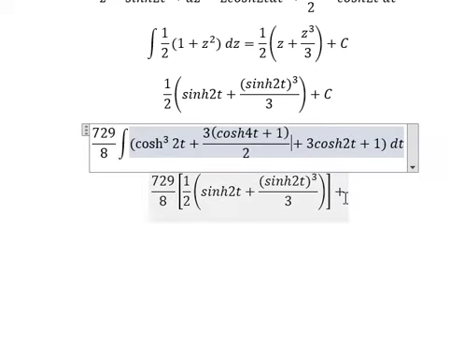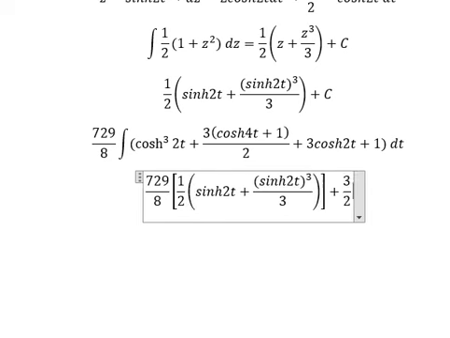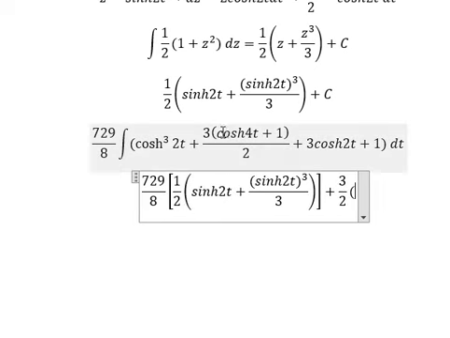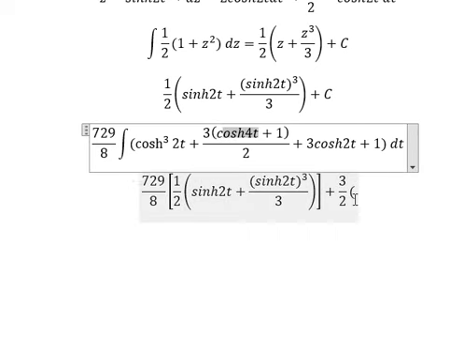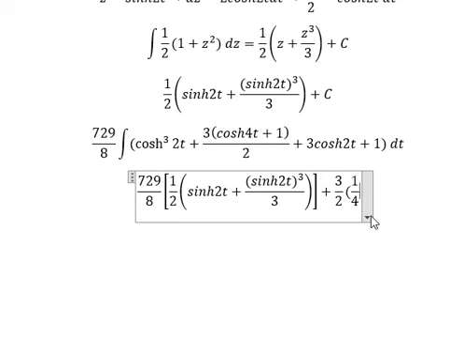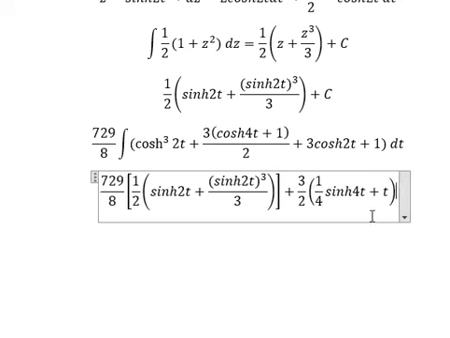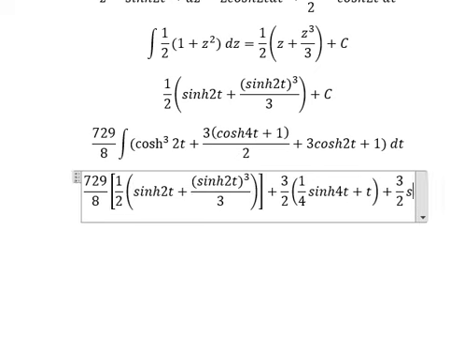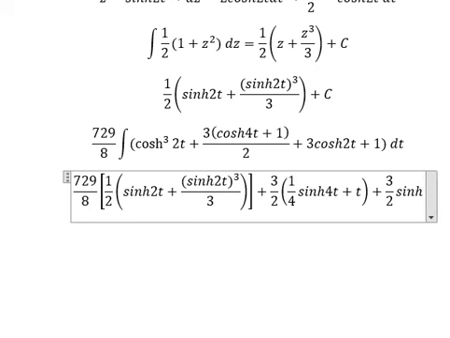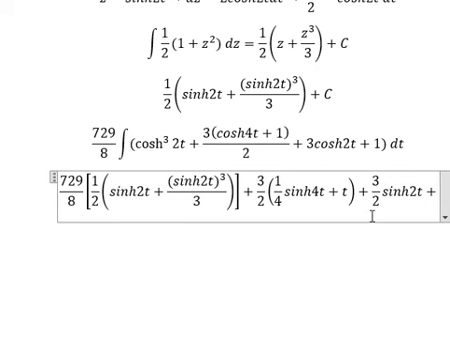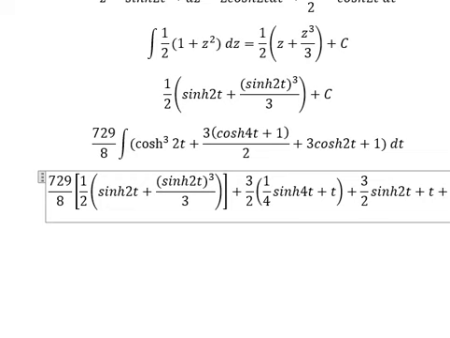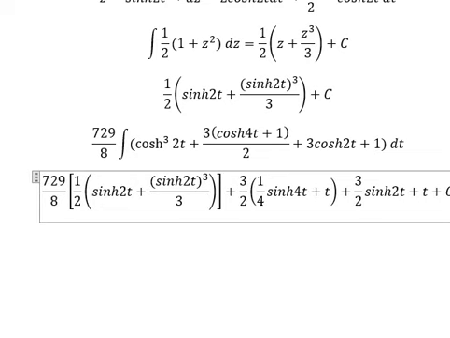And this one we have the final answer. The integration of cos 4t, that is 1 over 4 sin 4t. 1, that is t. The next one, 1 over 2 sin 2t. 1, that is t, and I will put c.